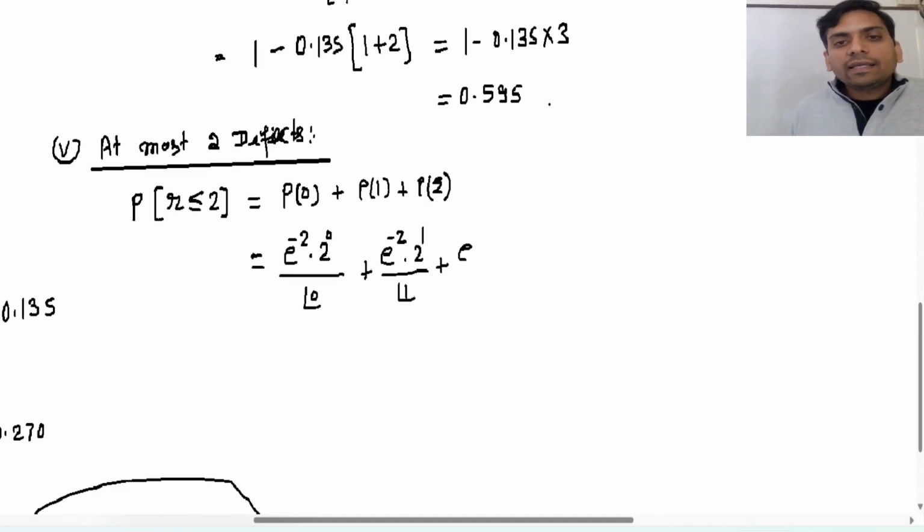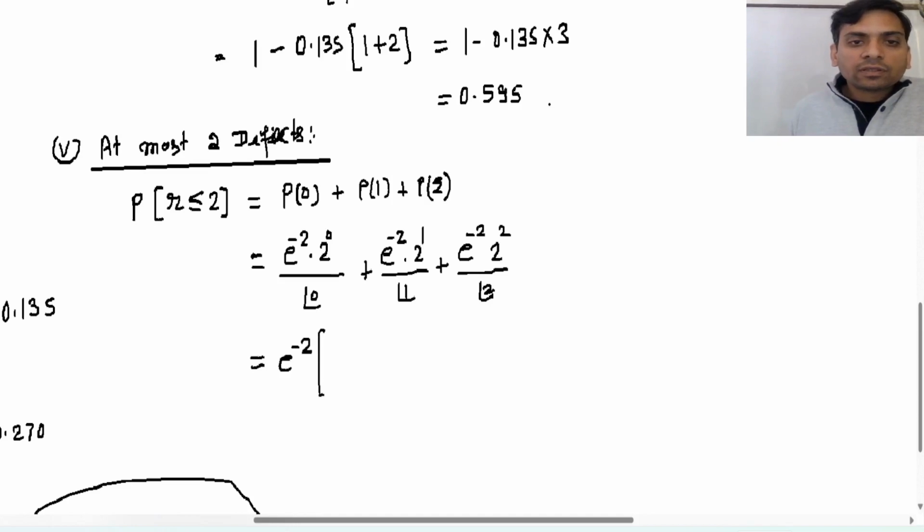And next is what? e raised to the power minus 2, 2 raised to the power 2, and this quantity divided by factorial 2. Now you can take e raised to the power minus 2 as common, and 2 raised to the power 0 is 1. So this is 1, and factorial 0 is 1, and second term 2 raised to the power 1 is 2, factorial 1 is 1, and next is 2 raised to the power 2 is what? 4, and factorial 2 is what? 2 into 1, that is what? 2.